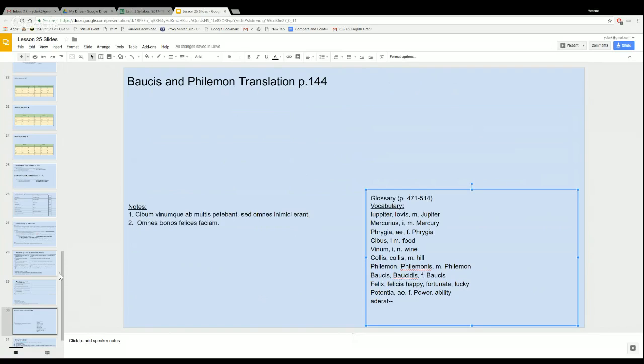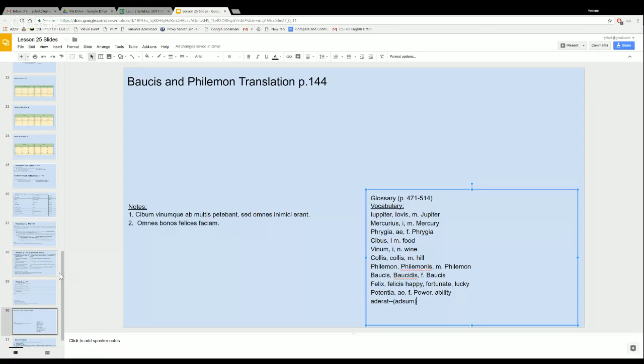Obviously, we're going to do ad, and then we know that erat is a form of what word, you guys? Sum. Okay, so obviously this is a form of sum, and I'm going to walk you through how to look up a verb back there. Has everybody found adsum back there?